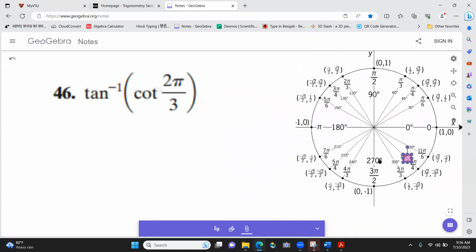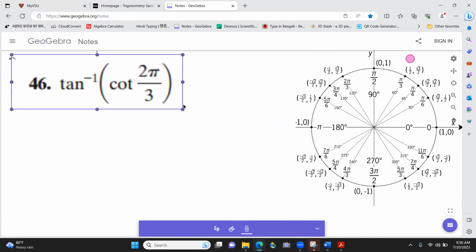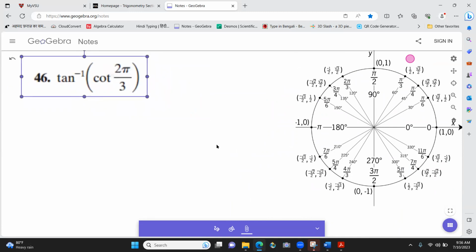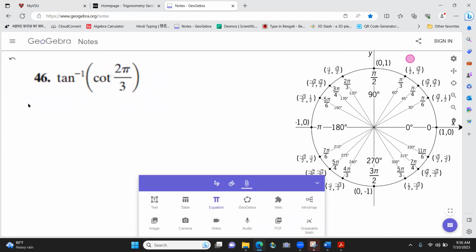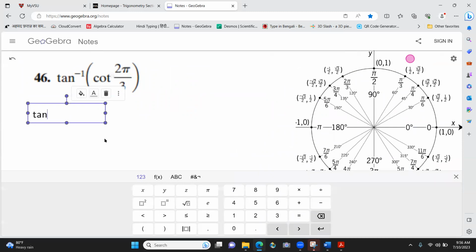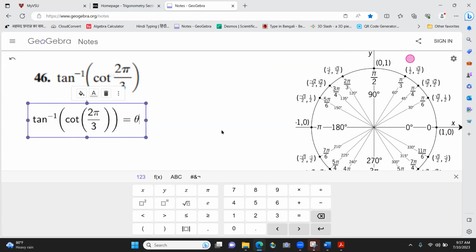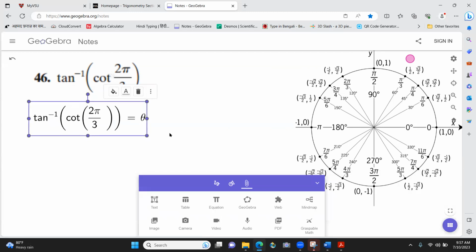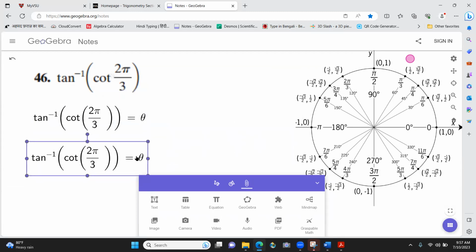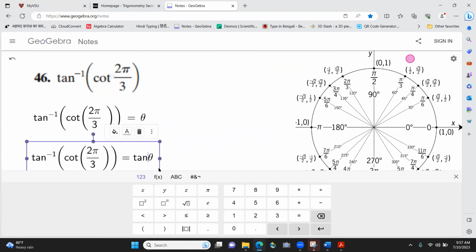I'm going to go back. I need the room. I'm going to take the time to enter the whole thing as accurately as possible. I'm going to say this is theta. If this is theta, I can certainly write tan theta by definition of inverse function.